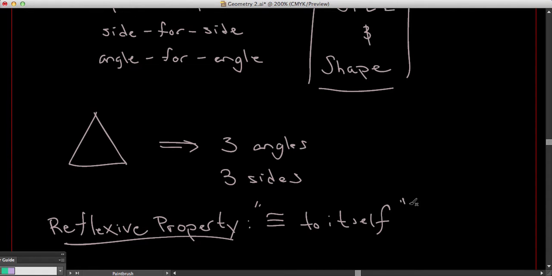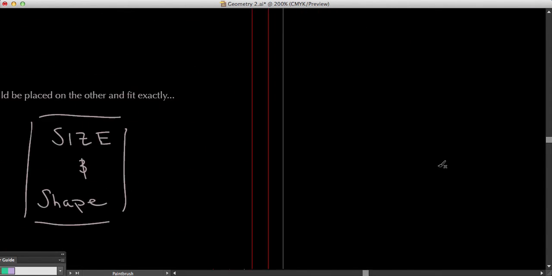All right, so I have to admit I'm gonna lie to you a little bit right here. And I'm gonna say that there are 3 ways to prove a triangle's congruence. So let's move up over here.